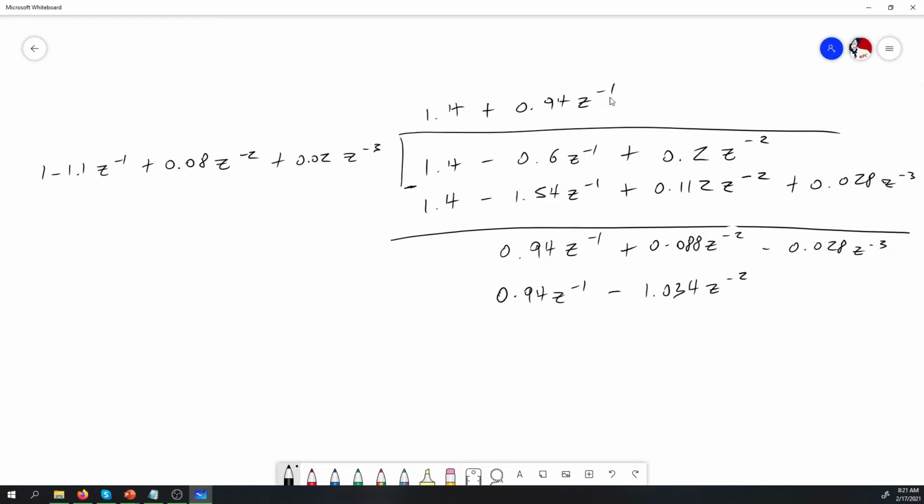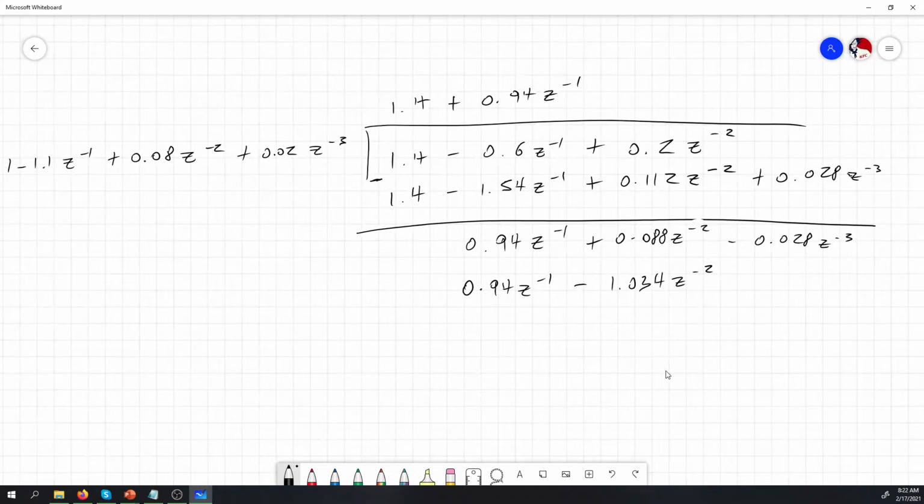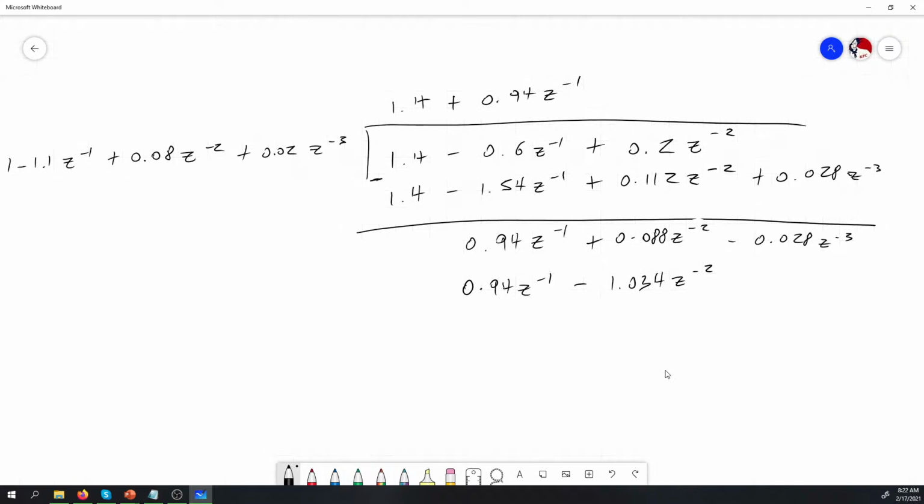Then we multiply by 0.08 z to the minus 2, which gives us positive 0.0118 z to the minus 3. And then we take 0.94 and multiply by 0.02 z to the negative 3.